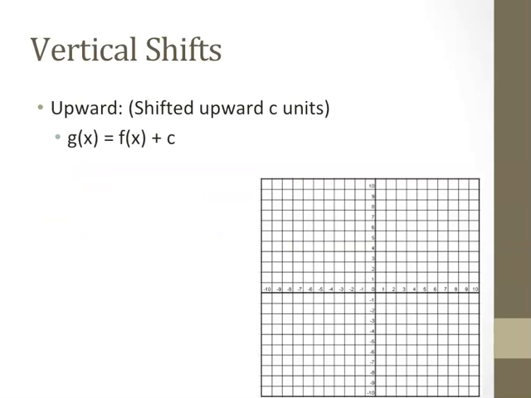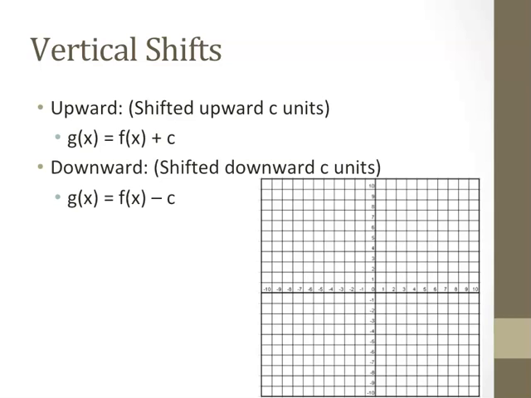So a shift upward would be identified within an equation by a number, c, that's added after the parent function. Similarly, a shift downward would be identified by a number that's subtracted from the parent function. So for example, let's say you had y equals x squared.